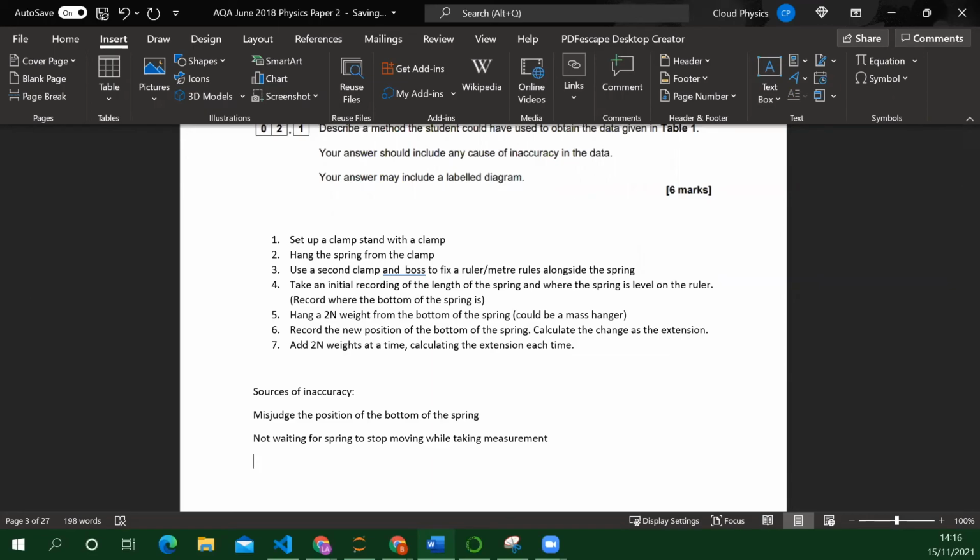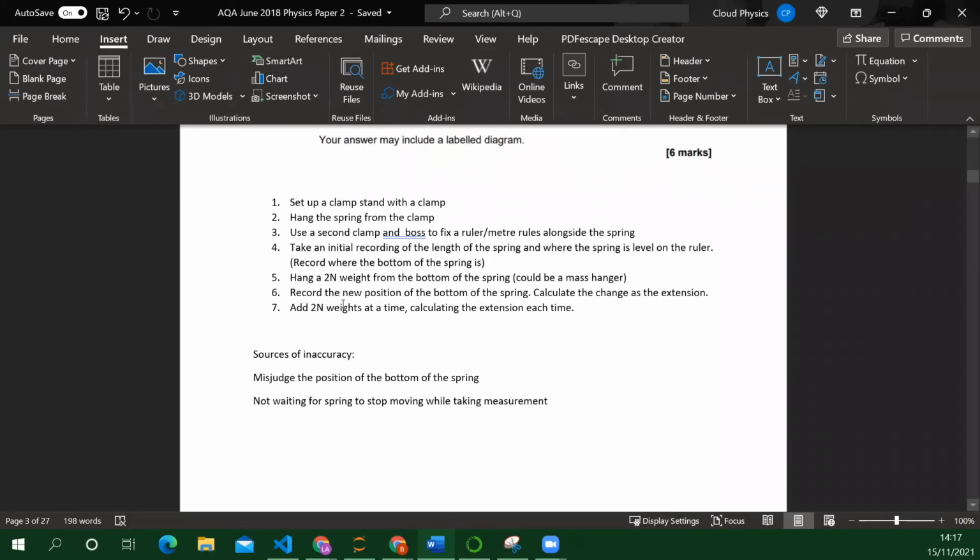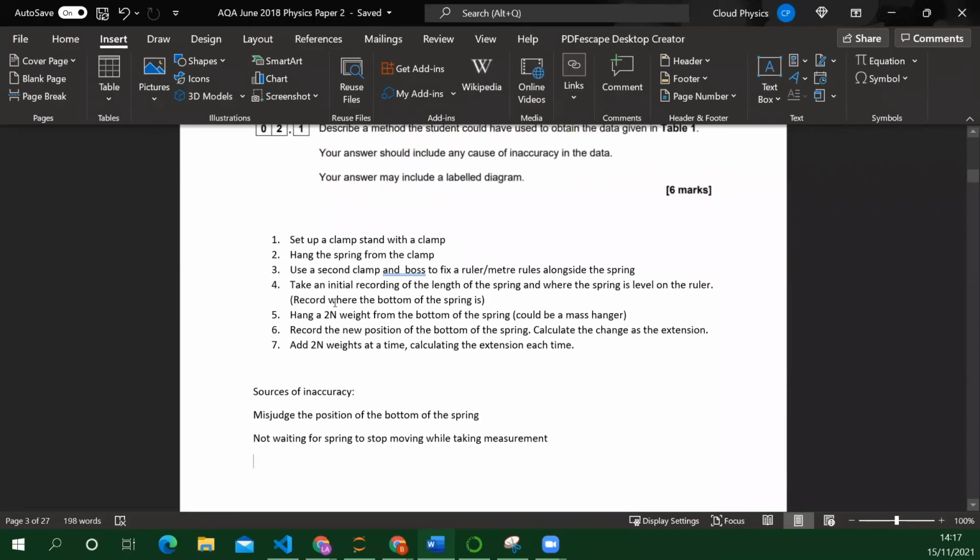So we've got all the marks for that one. Other things you may have thought of: misjudging it. You could have a camera on it to increase accuracy. I didn't ask that, but you could say the converse, to increase accuracy you could have a camera set up, or some kind of electronic measurement.